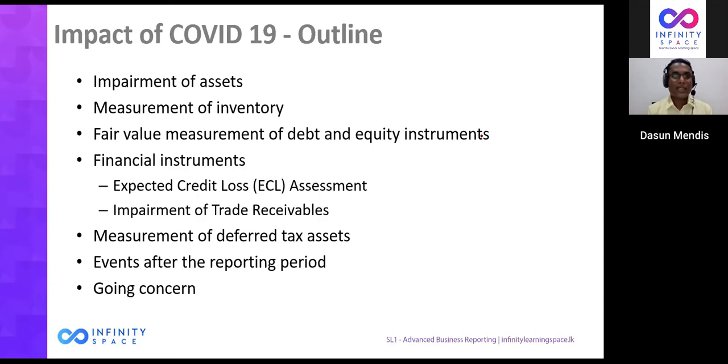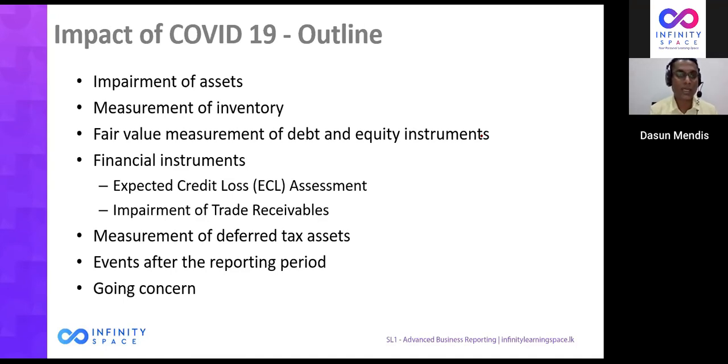You should understand there is no accounting standard which explains the accounting for COVID-19. There is no separate standard. So the impact is there all over the standards, right? Many areas have been affected, which means the impact is there for many accounting standards.